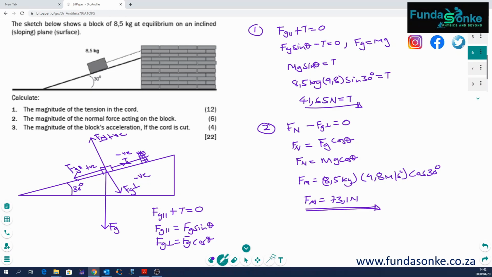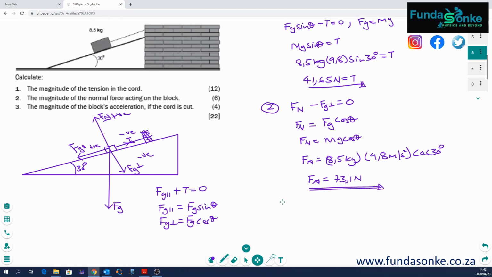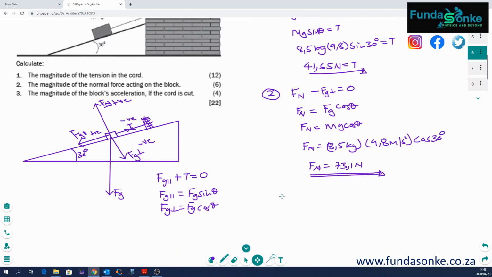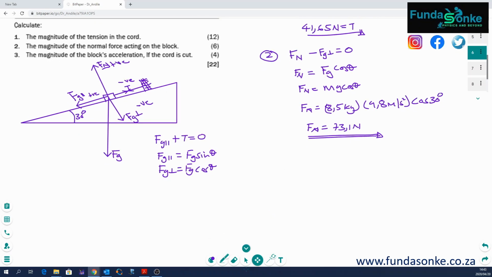Okay? And since we want to calculate the acceleration, we're going to consider Newton's second law, where we know that F is equal to ma. Okay, I'm just moving this up a bit to create some space.